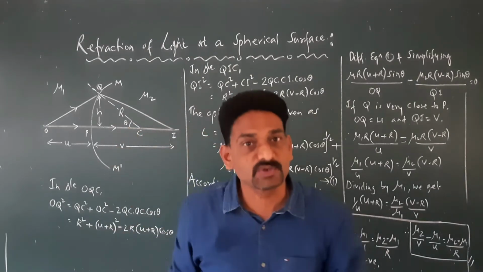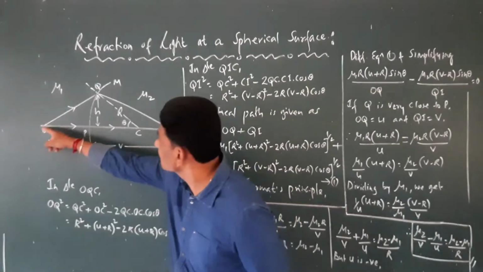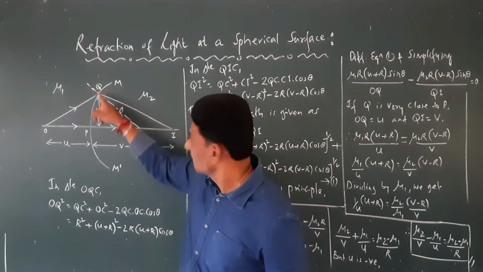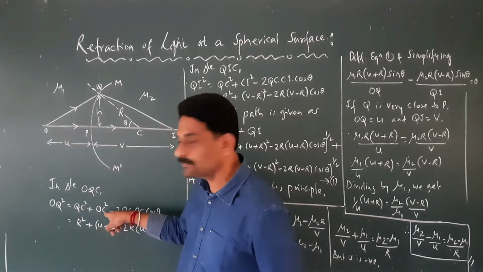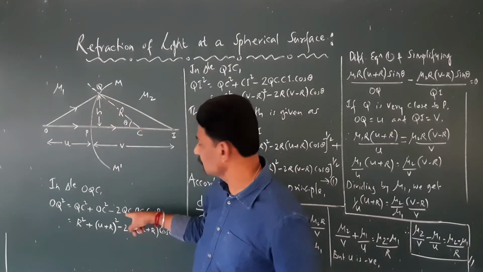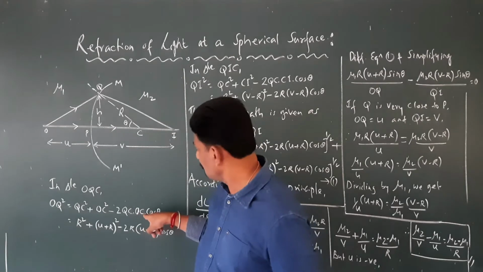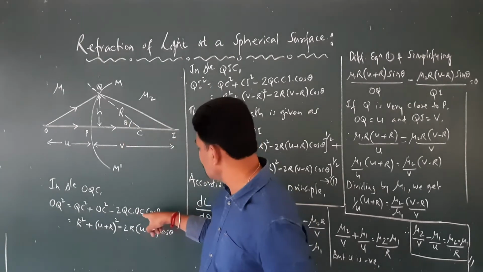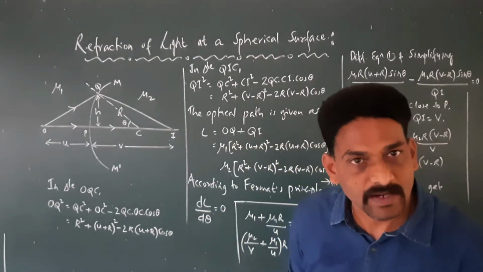So as per direction cosines, in triangle OQC, OQ square is equal to QC square plus OC square minus 2 into QC into OC into cos theta.